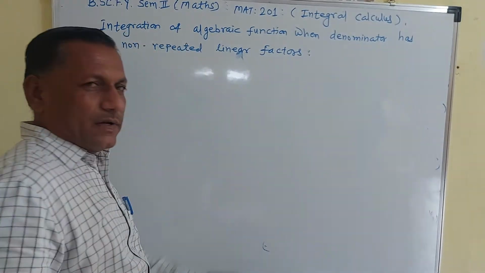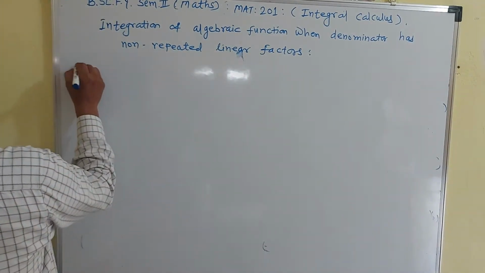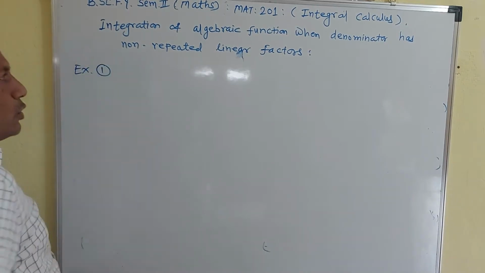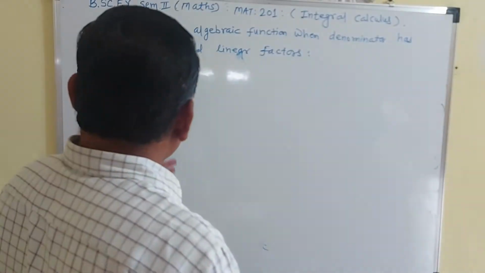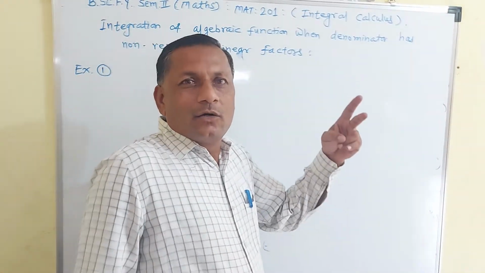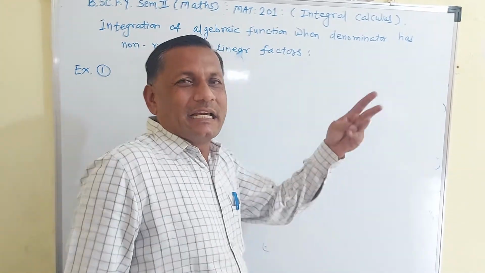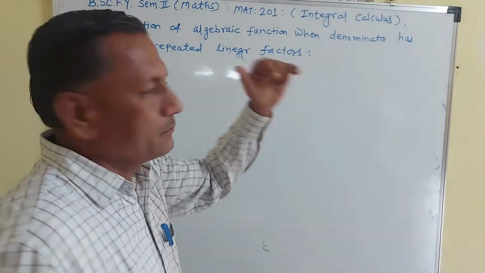So using examples we clear the idea. We take two examples: one where the denominator has two linear factors, and another where the denominator has three linear factors, and those linear factors are non-repeated.